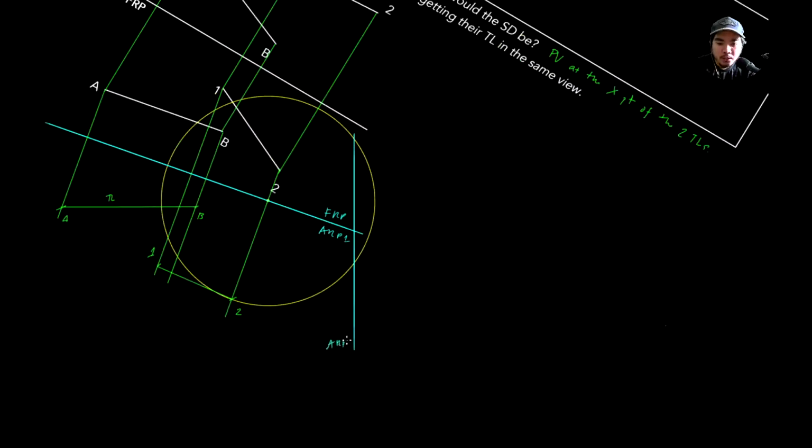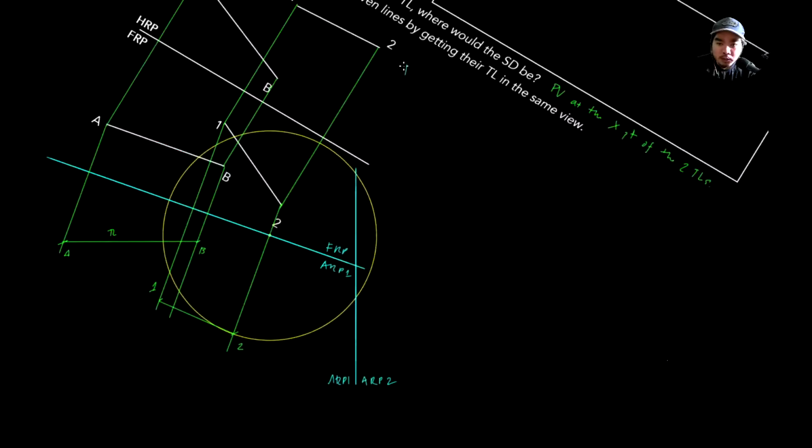We have ARP. This is ARP1. Ito is ARP2. So, if itatrack natin, no, true length ng first line, gagawin nating point view yung first line ulit. So, nasa dito is ito, itatrack lang natin ARP1 to, ito ARP2.